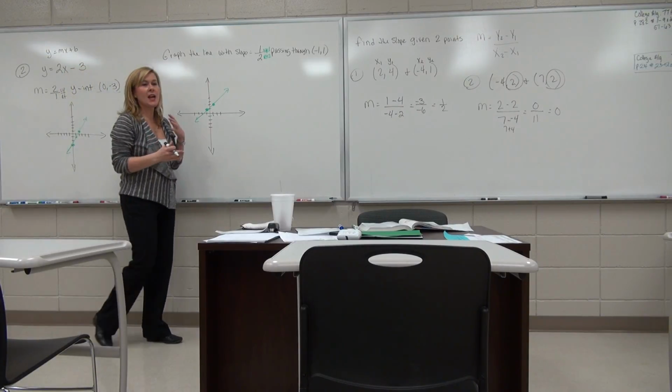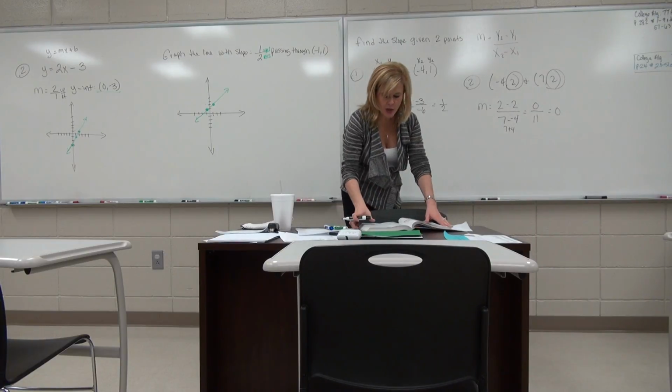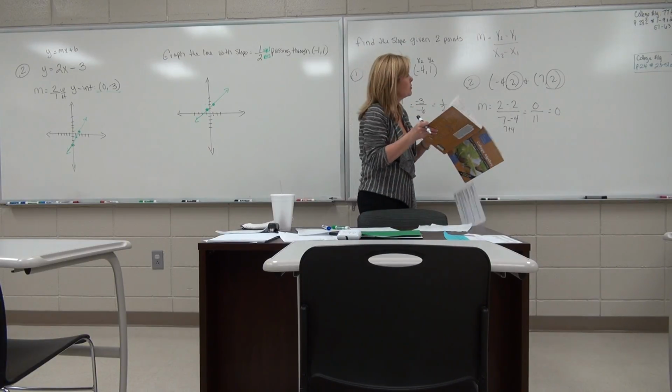Now a lot of this stuff with lines should have been a review to you. Let me give you the homework in this section as well. I wrote the section 2A.